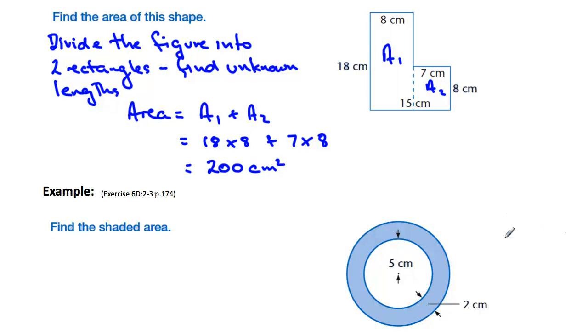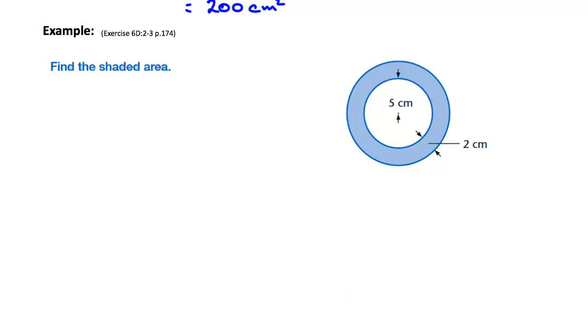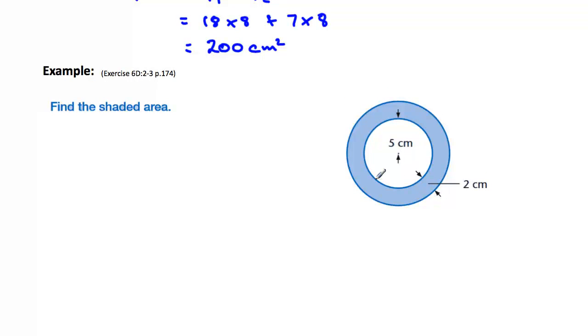Now, when we get a shape like this, it is one that we did have a go at a while back. But we'll just do a quick review. This is called an annulus because it's a shape of a ring. You've got a shaded area, which is what you want.